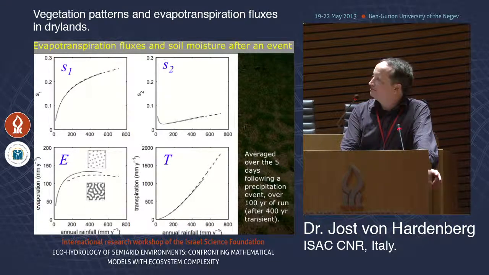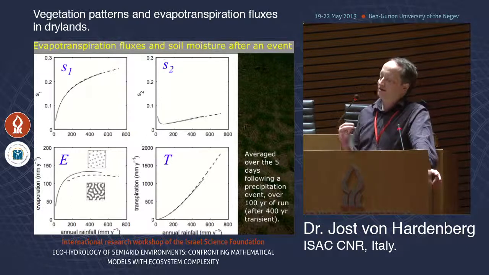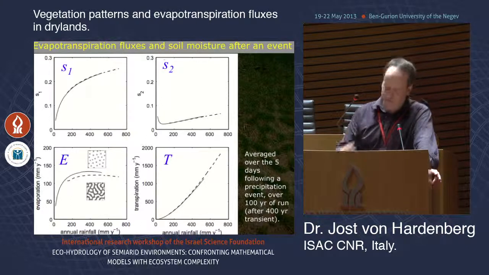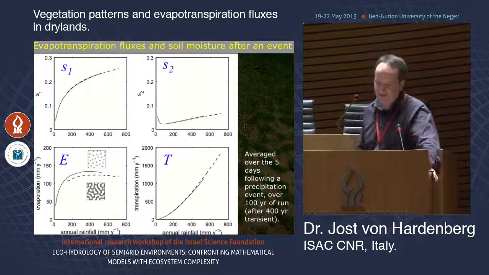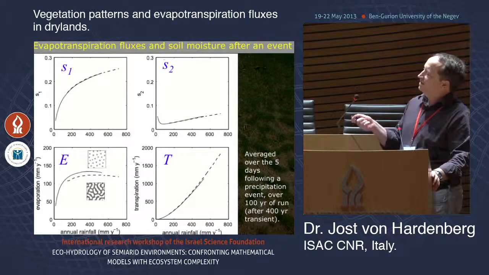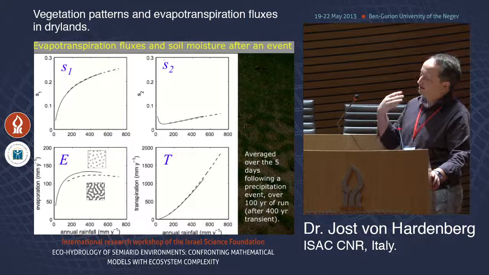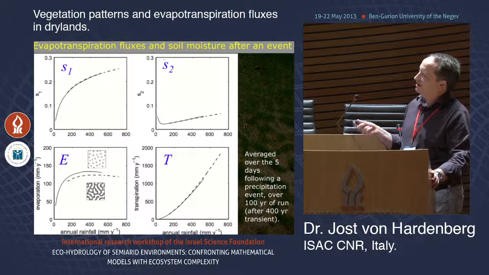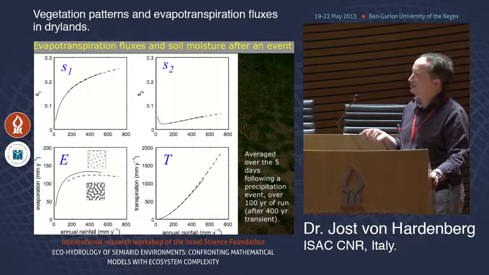So what happens? What we should actually look at is what happens immediately after a precipitation event, and if we do that, what we represent here is averaging transpiration and evaporation in the 5 days following a precipitation event.